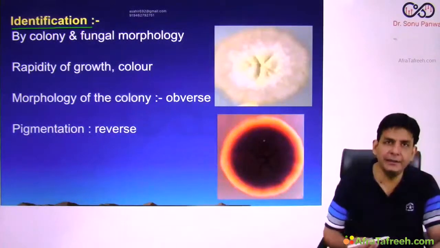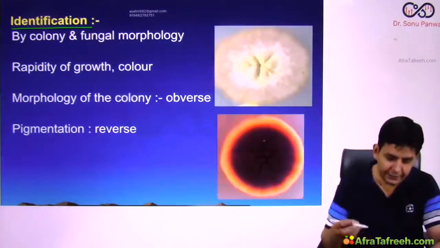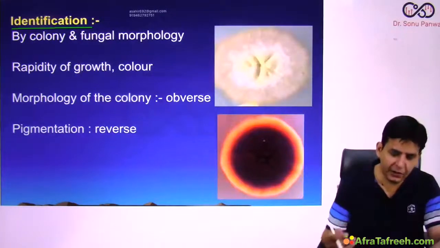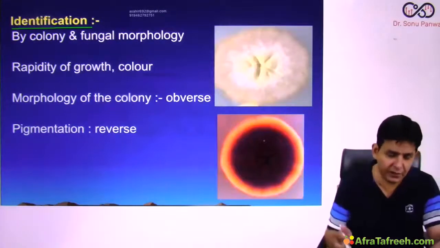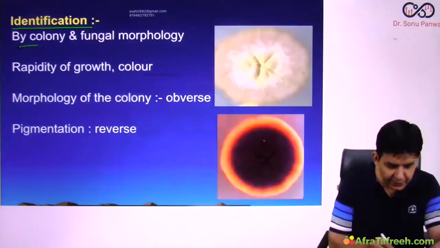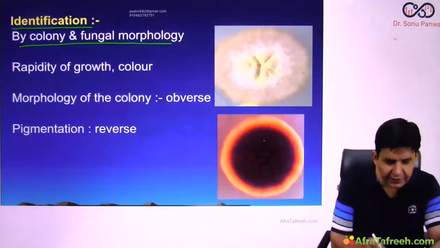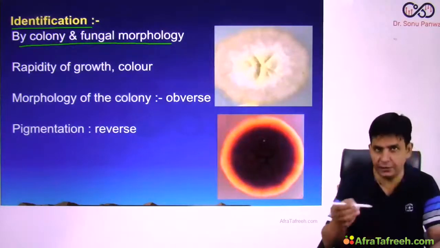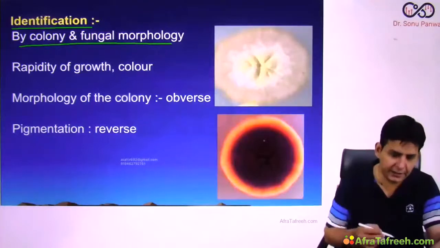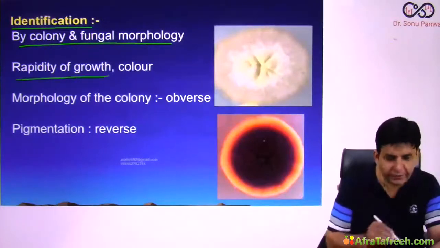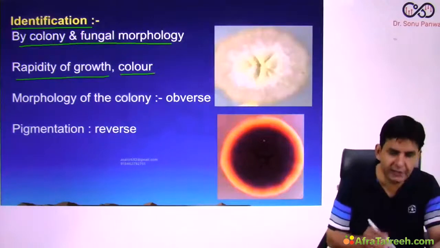How do you identify which particular fungus a culture plate belongs to, and which type of morphology is showing up? So remember, fungi are identified by the colony and the fungal morphology. First thing, by the growth of the fungus and the colony characteristics. How do they grow? Rapidity of the growth, the color which they take.